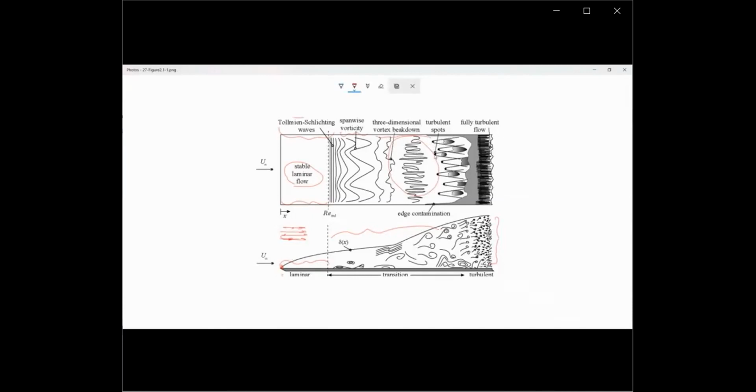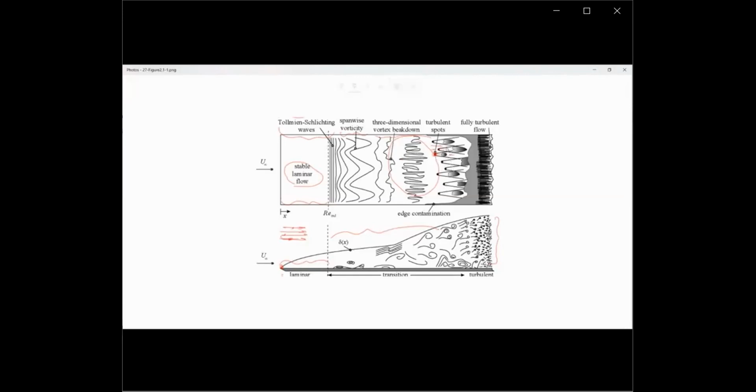These are what we call turbulent spots. For example, in this spot and in its wake downstream, we have very turbulent flow, but between them, we still have laminar flow. So it's an intermittent region with turbulent and laminar flow.